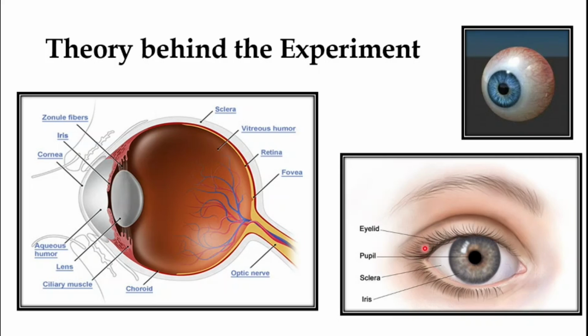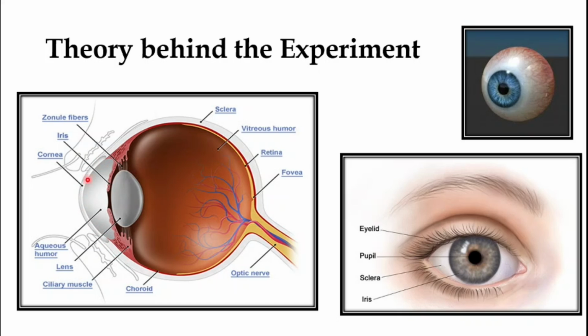And these are the eyelids. So this is the side view of the eye, and we can also see some internal structures. The eye has three layers. The outer layer of the eye is the sclera and the cornea.